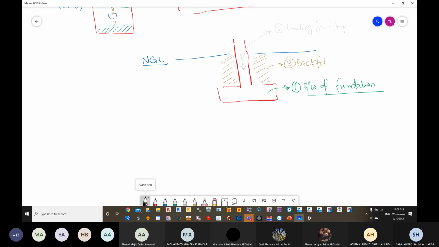What is the meaning of surcharge? Those who have studied geo.